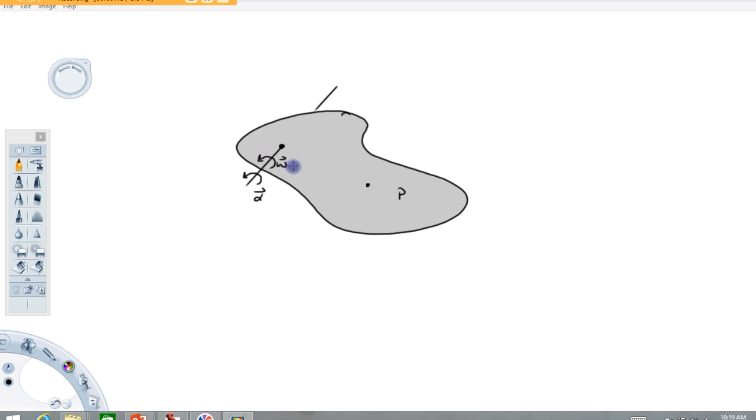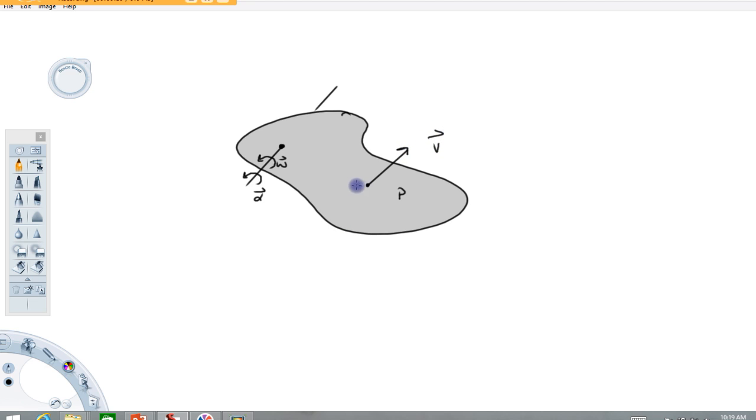If this thing is rotating counterclockwise, then the velocity of this point might look something like this.